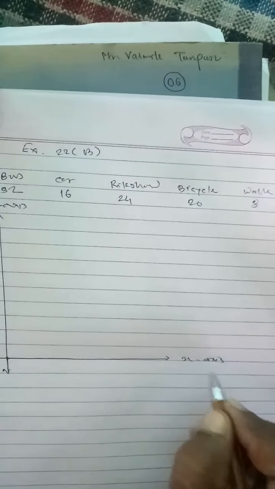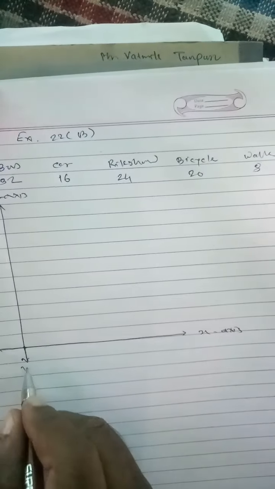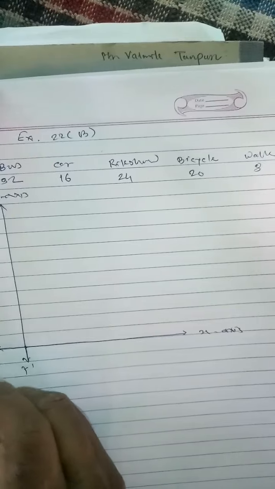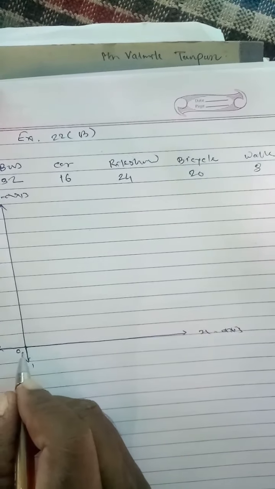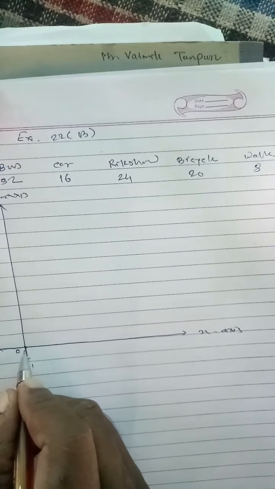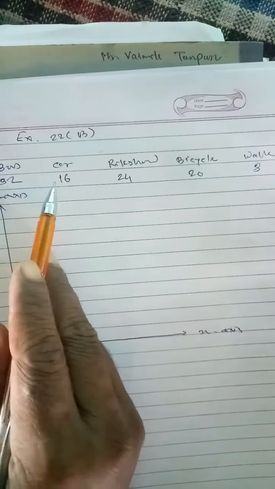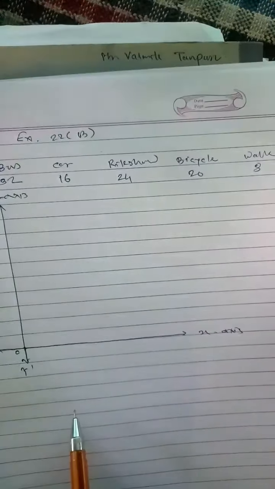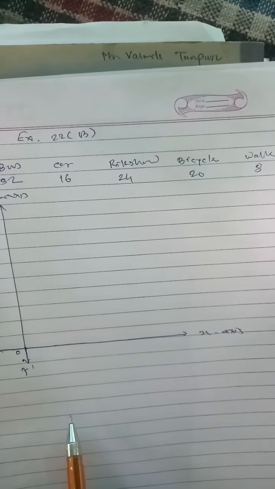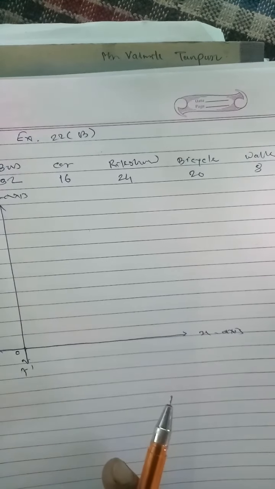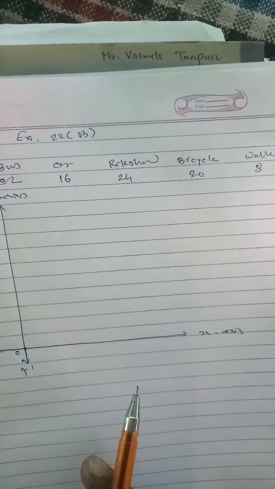Here write y dash and x dash, and at the origin you have to write 0. Then you have to take a proper scale. Here 32, 16, 24, 20 and 8 are multiples of 8. You can take the scale as 4 or as 8.